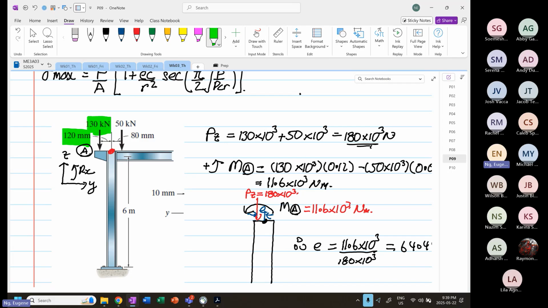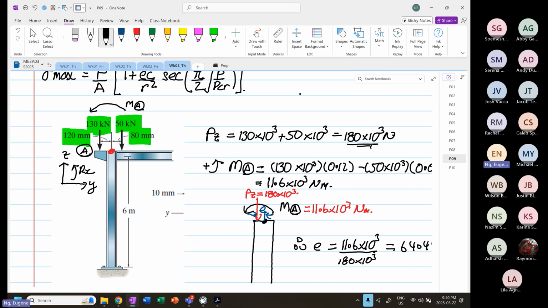The other is 50 with an eccentric distance of 80. Moment is equal to force multiplied by perpendicular distance, and the moment due to the 130 multiplied by its distance will be higher. That's why the moment at point A will go this direction.